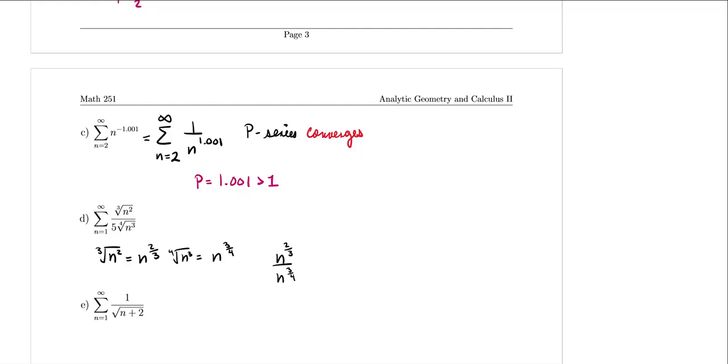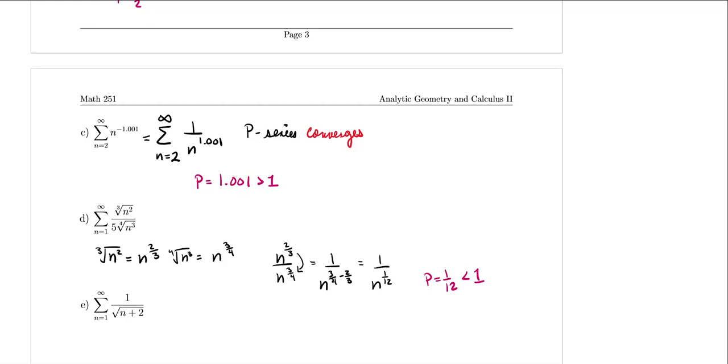The 3/4 is a bigger fraction, so I'm just going to bring the n to the 2/3 down, which is going to give us 1 over n to the 3/4 minus 2/3, which is going to give us 1 over n raised to the 1/12. Okay, so now we get to see here that it is indeed a p-series with a p-value of 1/12, which is less than 1, so this one will end up diverging.